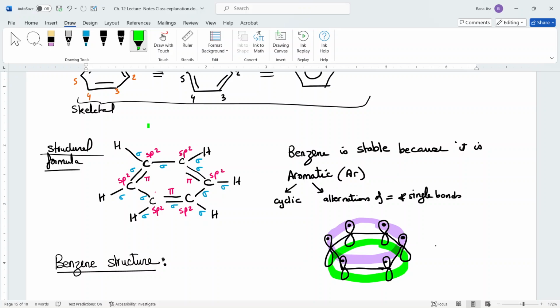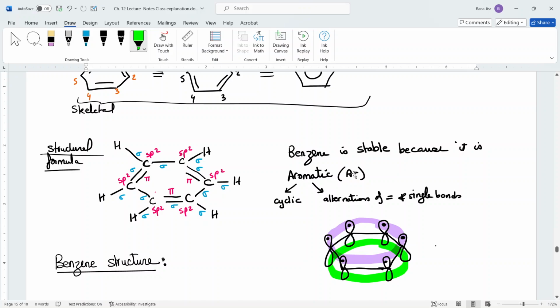So electrons are above and below the benzene ring, and that will make the benzene electron rich, and it will make it stable. Benzene is very special because of being electron rich and because of being stable. And we're going to give it the name aromatic.